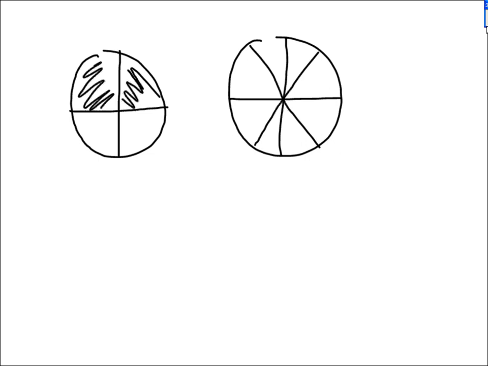When it comes to the 8-piece pie, you're still very hungry, and you eat 3 more. Well, what did you eat? Out of the 4 slices, you ate 2. And out of the 8 slices, you had 3. You had 3 over 8.